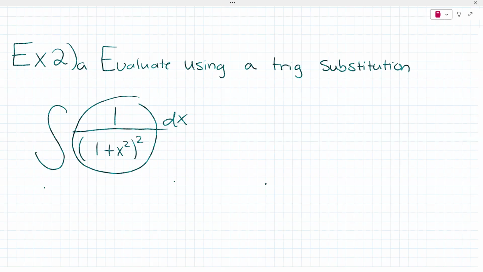So what does this look like? What rule is that going to be? Is that our first, second, or third rule?